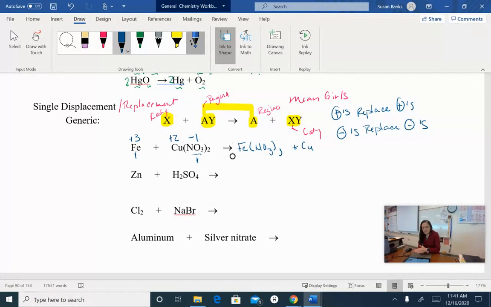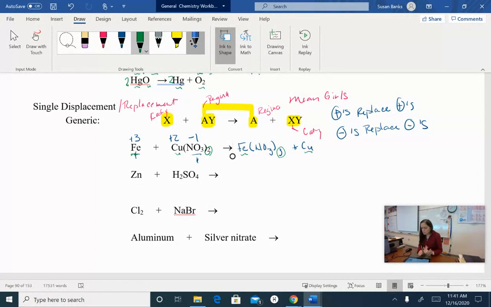Now, once I've got my skeleton equation, I'm going to go back and balance this. Okay, so I've got 1 iron and 1 iron. I've got 1 copper and 1 copper. So far I'm okay. But here I've got 2 nitrates and here I've got 3.